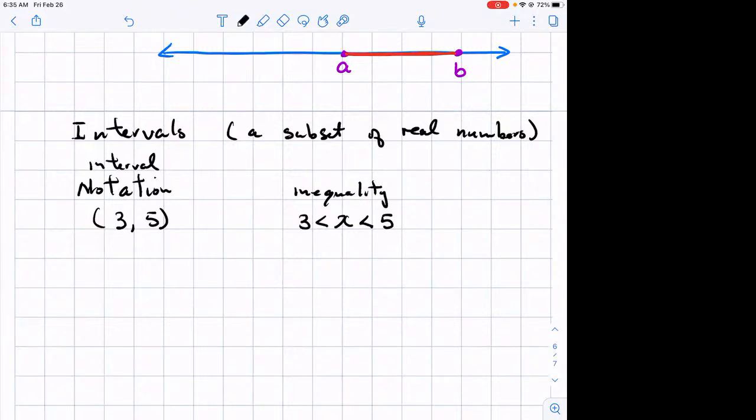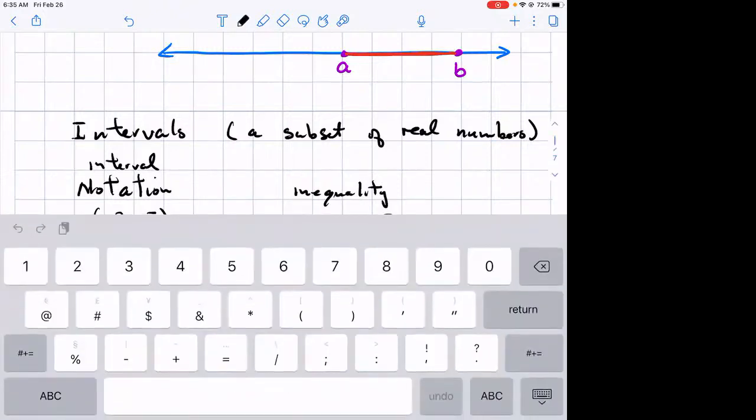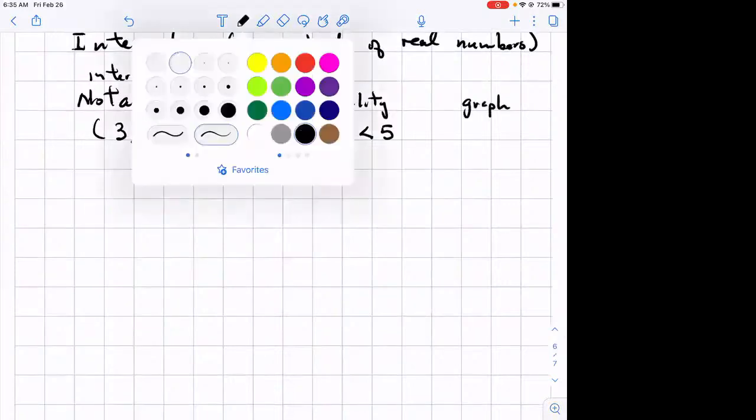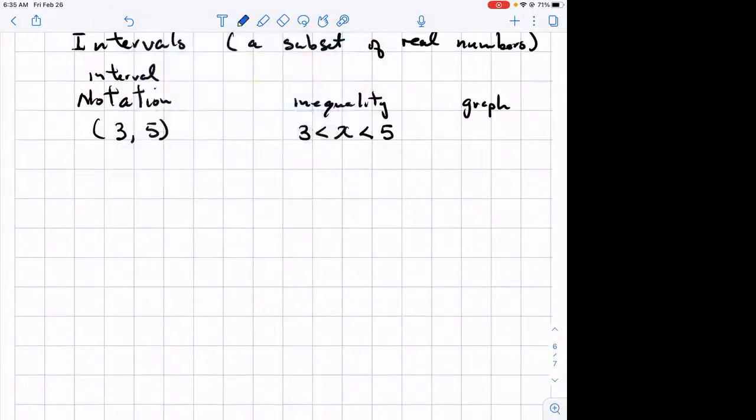And notice that you can graph this. On a graph, you will have 3 somewhere here, 5 somewhere here.